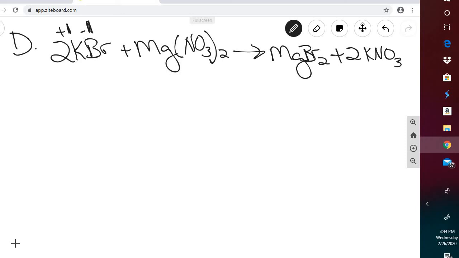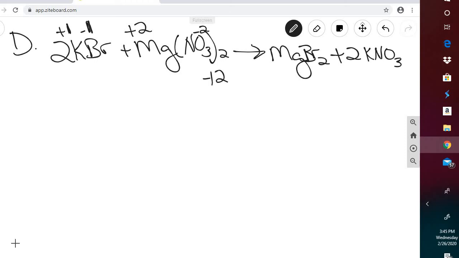The next one is also an ionic compound. Magnesium is in column 2, so it's going to have a charge of +2. We don't have a rule for nitrogen, but we know that oxygen is -2. So here we have -2 times 3, that's -6, and there's 2 of those, so that's -12.